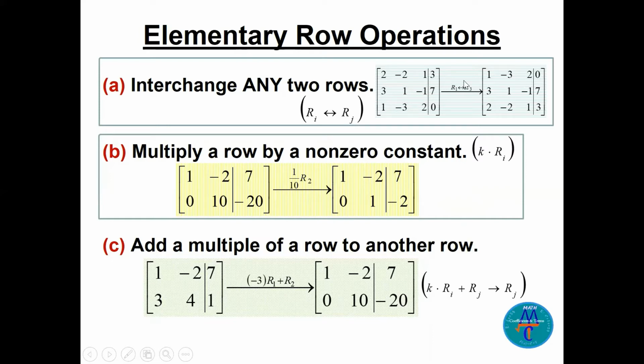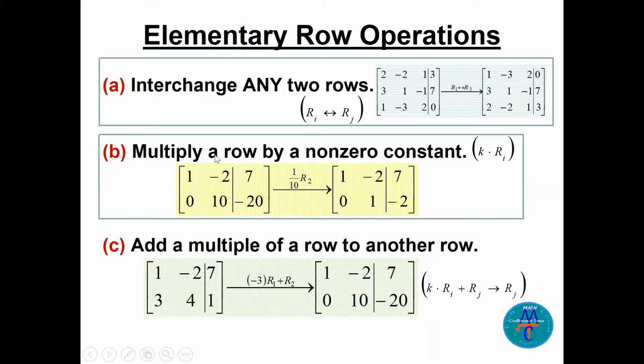So we have here 1, minus 3, 2, 0. You see that one here? In row 3, we can put it here in row 1 for some reason. And then 2, minus 2, 1, 3, we can put it here in row 3. And we can do that anytime we like, because remember here in the Gaussian method, each row here is an equation. So you can interchange, no problem.